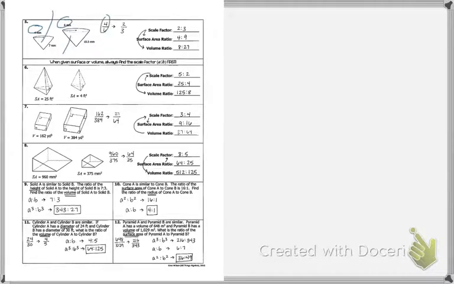You get that? You have to simplify. If I didn't state that before, always simplify. So here is my ratio, my scale factor. So it's 2 to 3.